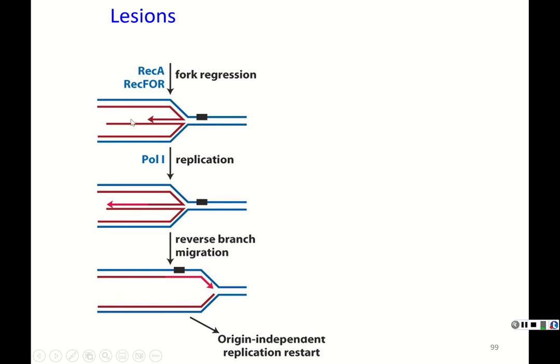So in a sense, you're using the newly synthesized strand that matched up to this region where your lesion was, and you're using that now as your template instead of this blue strand as the template. Okay, and then you can go forward again, and now that newly synthesized light red goes over that lesion.